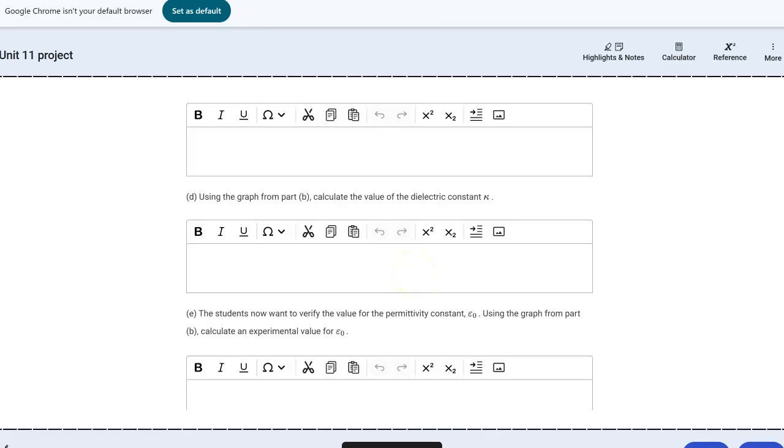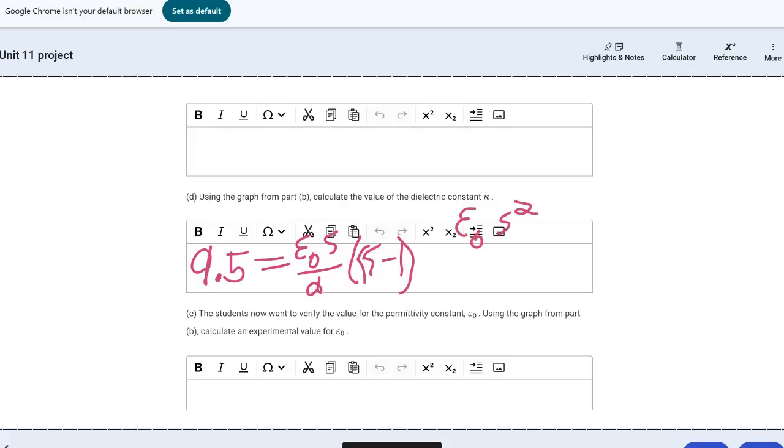Okay, so calculating the slope, which I have on my calculator, that would be 9.5 based on the graph, and that equals epsilon naught S over D times (K minus 1), and our y-intercept is epsilon naught S over D, that would be 0.8.